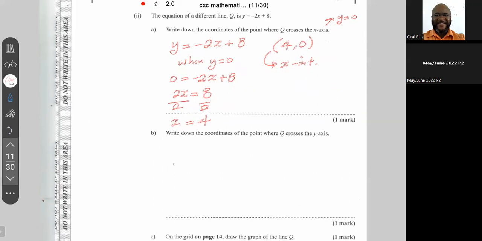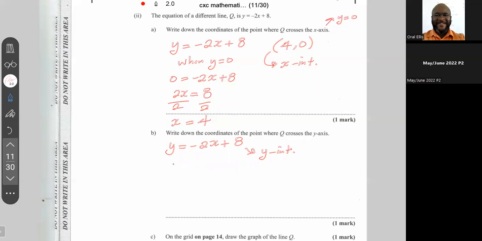We're to write down the coordinates of the point where Q crosses the y-axis. All right, where Q crosses the y-axis is called the y-intercept. And the equation of Q is y is equal to minus 2x plus 8. 8 here is the y-intercept.